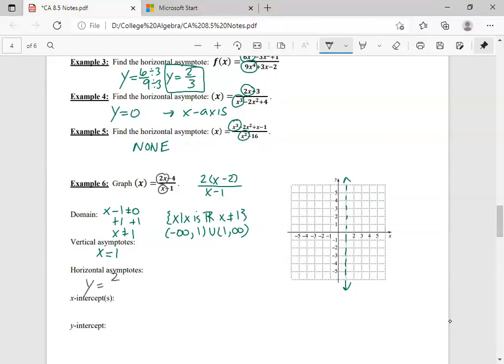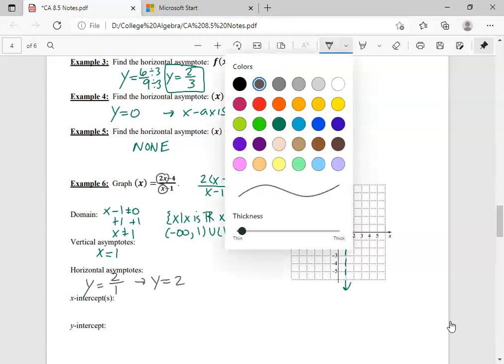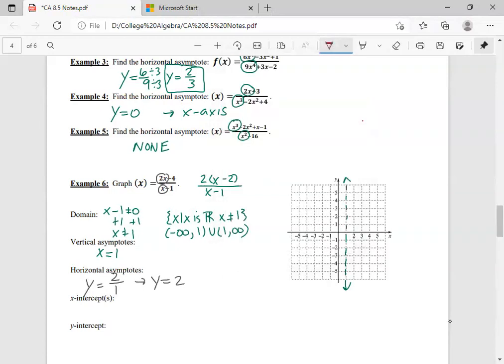I would have a 2 on top, and on the bottom a 1x, so it would be 2 over 1, which is just y equals 2. That's going to be a horizontal asymptote at y equals 2, which is why I said it's splitting up there a little bit. Well, that's my horizontal asymptote.